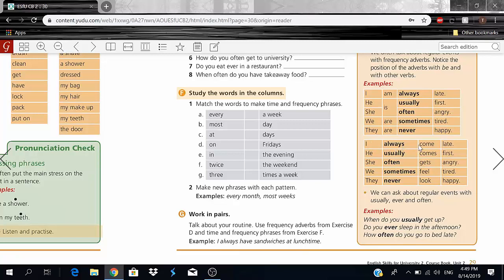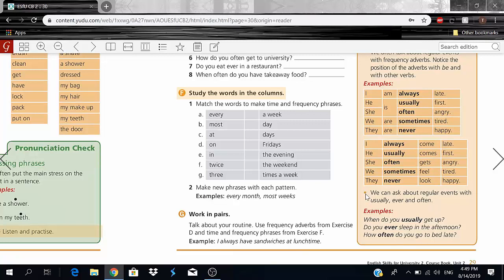I always come late. He usually comes first. She often gets angry. We sometimes feel tired. They never look happy.